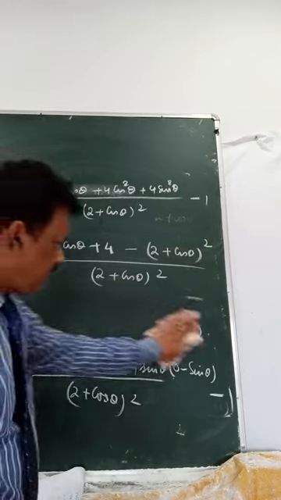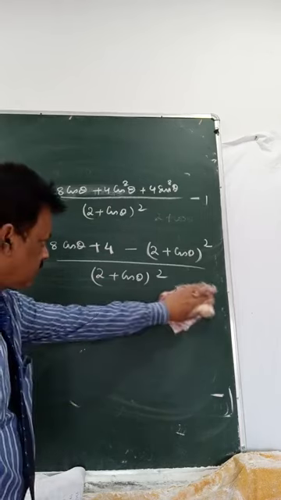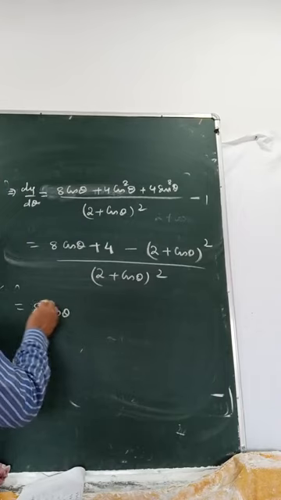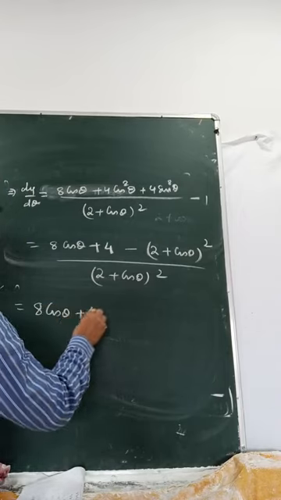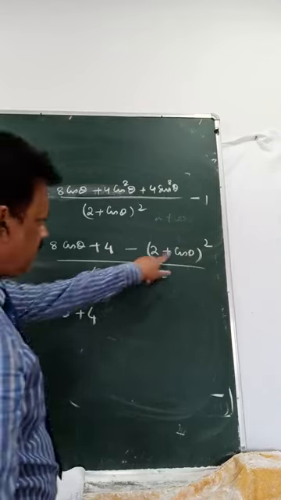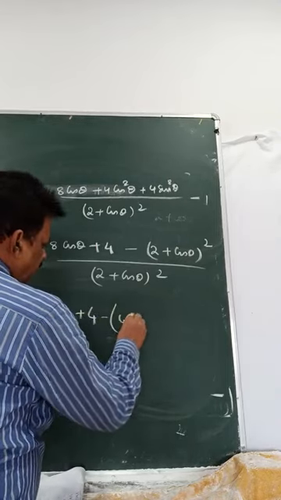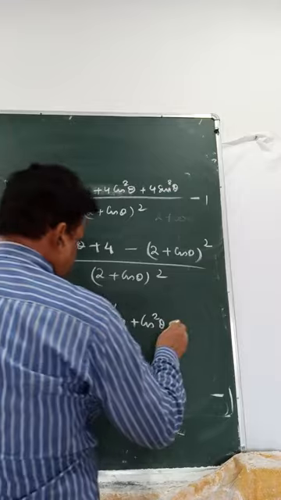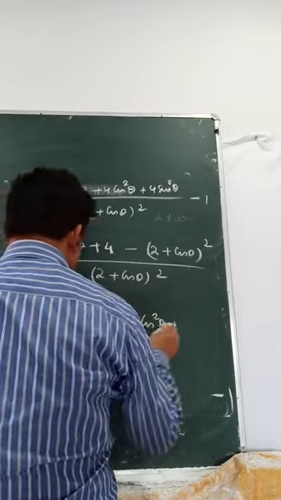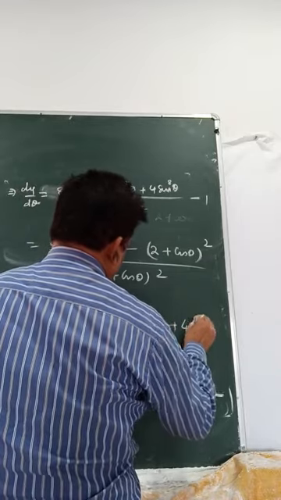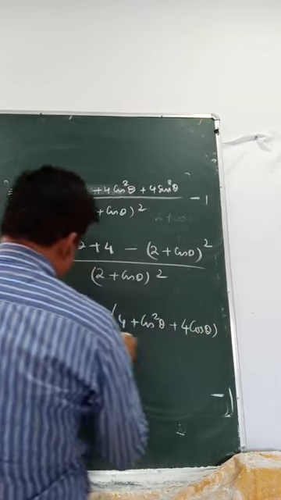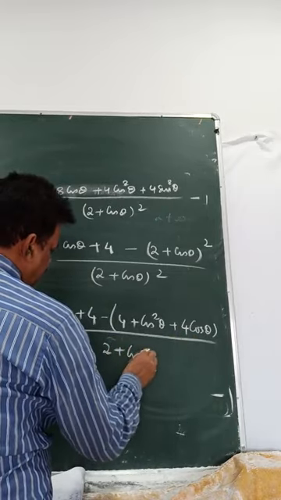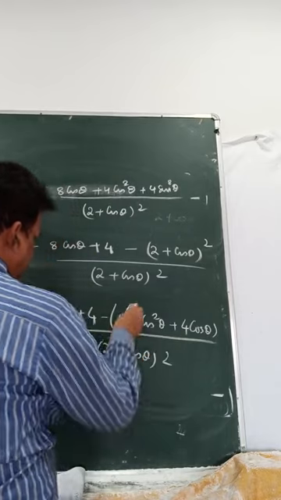So simplify it. So what do you get? 8 cos theta plus 4. Expand it. 4 plus cos square theta plus 4 cos theta divided by 2 plus cos theta whole square. This 4 is cancelled.